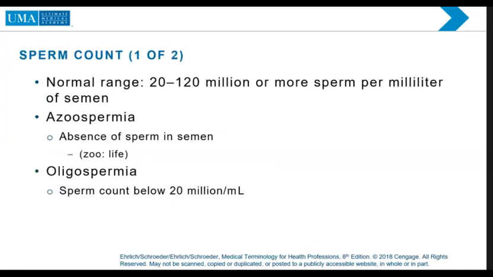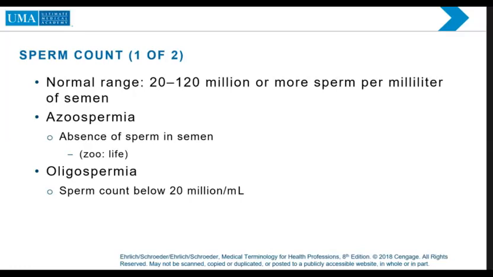A normal range of sperm count is between 20 to 120 million or more per milliliter of semen. Azoospermia is absence of sperm in semen. We see here that zoo means life.